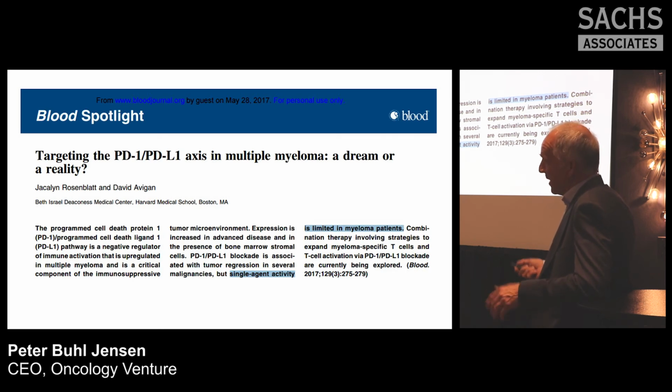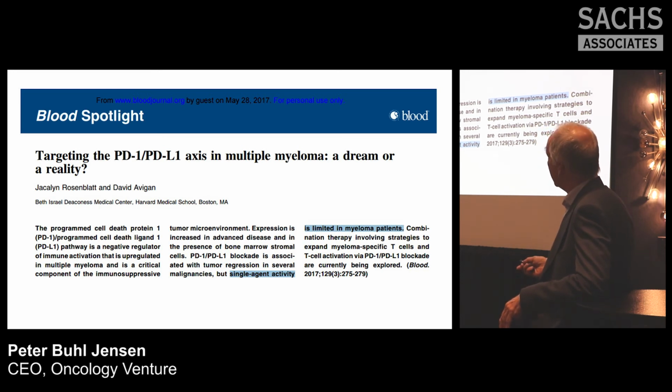We are in multiple myeloma, and we see it's an interesting place to be, where it is difficult to see how the PD-1, PD-L1 blockade can actually move patients into sensitivity.